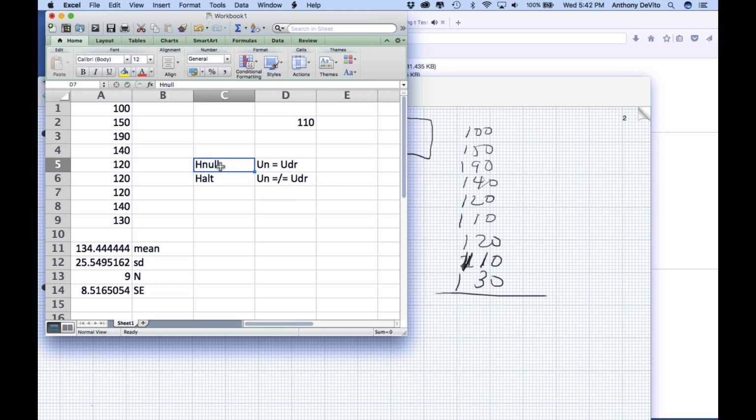I want to be able to reject this idea that they're equal and accept the alternative. But I'm only going to do that if my chances of being wrong, my alpha error, is equal to 0.05, 5% or less. We want less than a 5% chance of being wrong if we reject our null hypothesis.